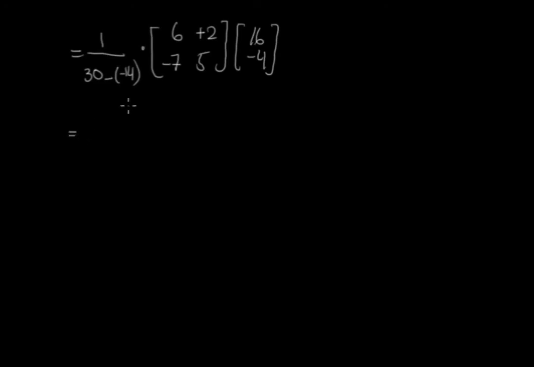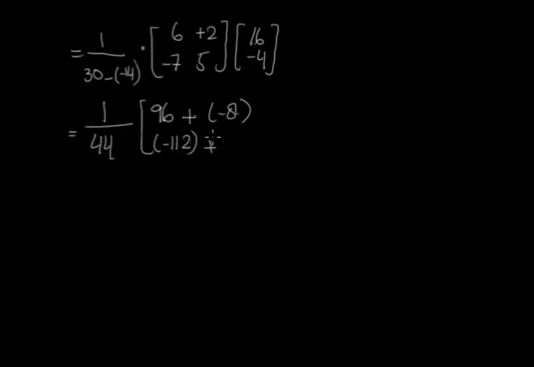In the next step, it becomes 30 plus 14, which is 44, and we multiply the two matrices by row and column. So 6 times 16 is 96, plus 2 times negative 4, which is negative 8, and negative 7 times 16, which is negative 112, plus 5 times negative 4, which is negative 20.